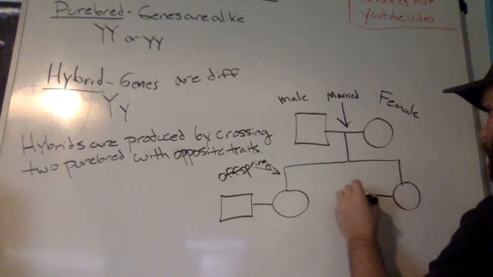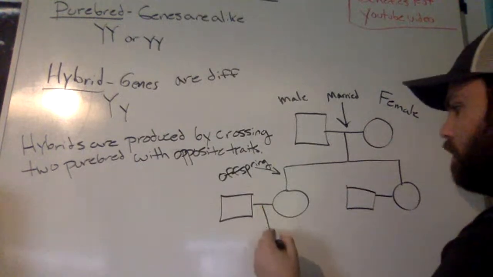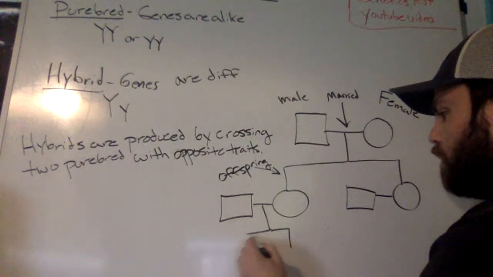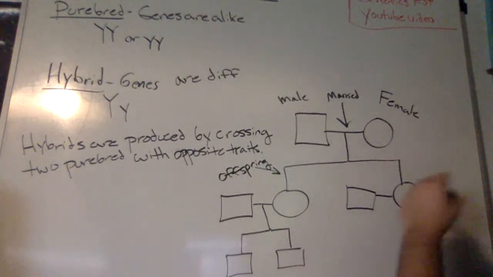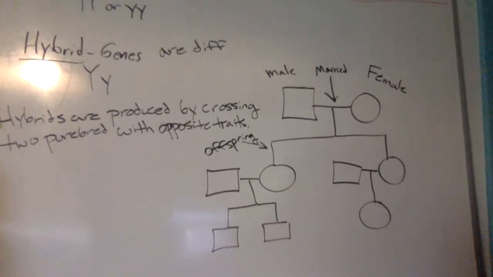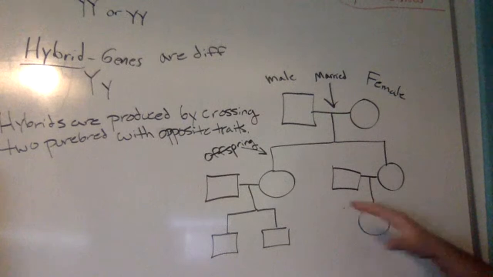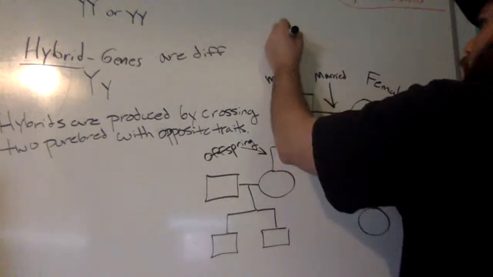So we're going to put these in, and now we're going to branch off again. Let's say this person has two boys instead. And now let's say this person only has one, a daughter. Okay. So here's my pedigree chart. And just for you guys to remember, I'll write up at the top.